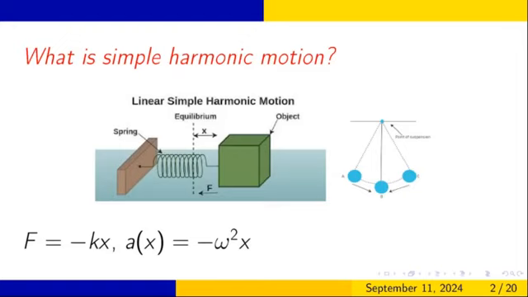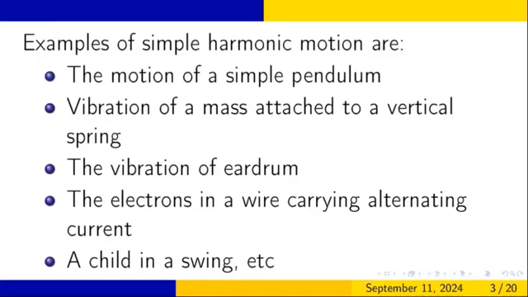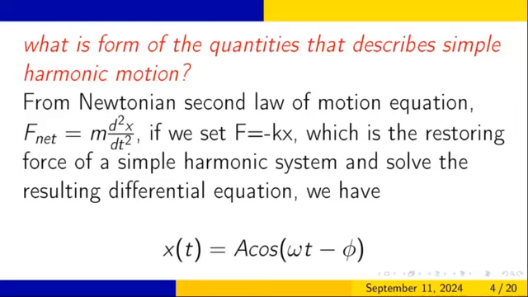The vibration of the eardrum is simple harmonic. The vibration of the electrons in a wire carrying alternating current is also simple harmonic. And of course, if you have ever seen a child swinging during those elementary school days, that is also a simple harmonic motion.